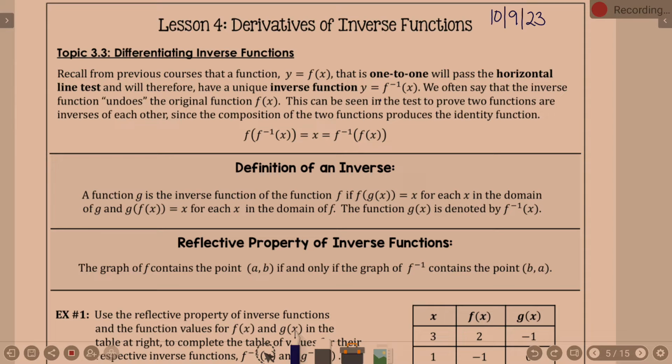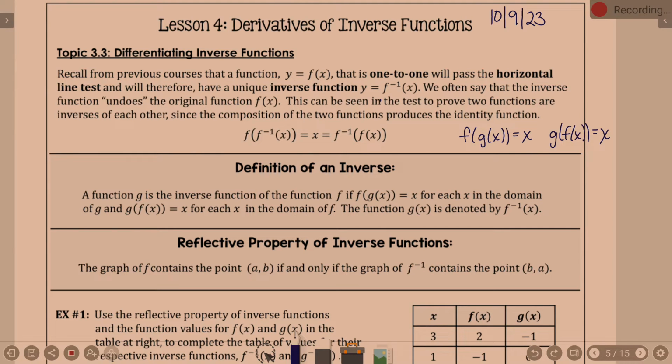We often say the inverse function will undo the original function. This can be seen in the test to prove two functions are inverses of each other, since the composition of the two functions produces the identity function. Do you remember last year talking about f of g of x equals x and g of f of x equals x?